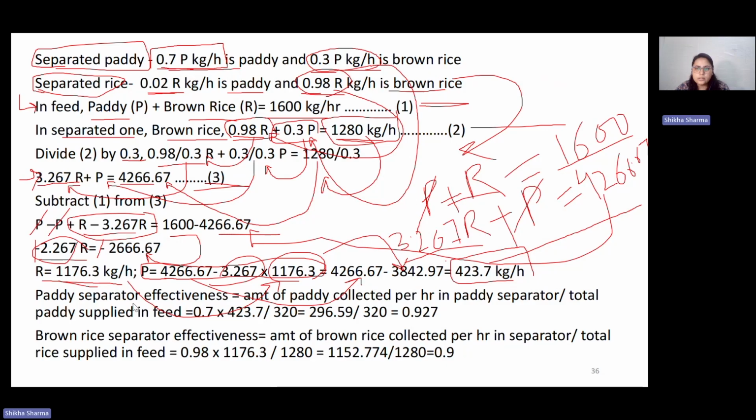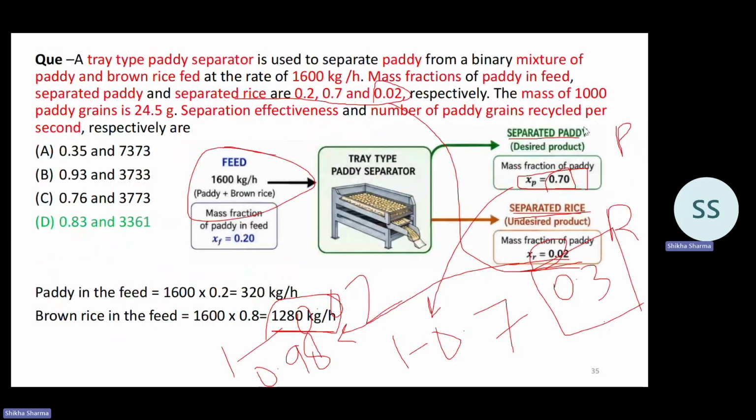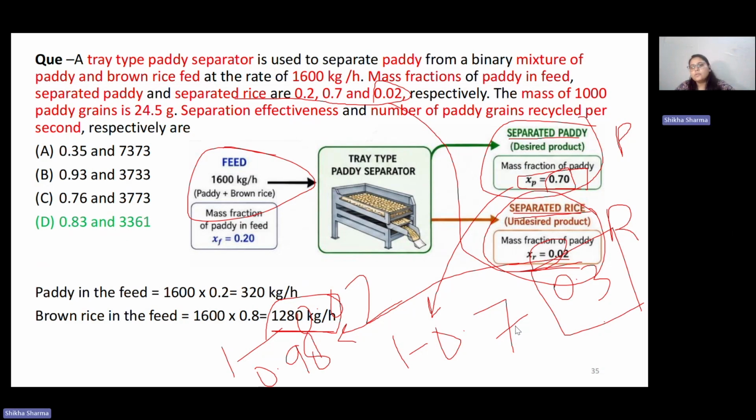So we calculated the P value, which is the paddy that is coming out. Now we can calculate the paddy separator efficiency, then the brown rice separator efficiency separately, and then the overall separation efficiency, which we need to calculate in this question.